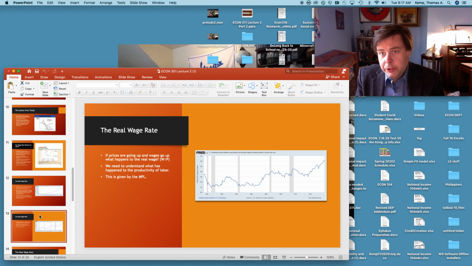Okay, so when the price of one of these goods goes up, what ends up happening to the real wage? To understand what happens to the real wage, we need to understand what happens to the marginal product of labor. Here we have median weekly real earnings. You can see it moves around maybe more than you thought it did.